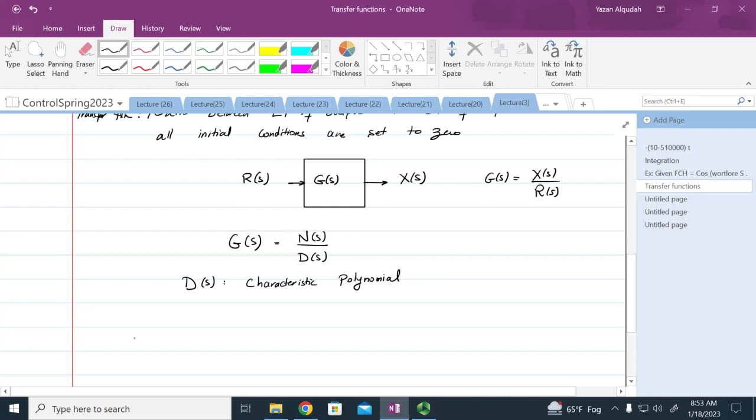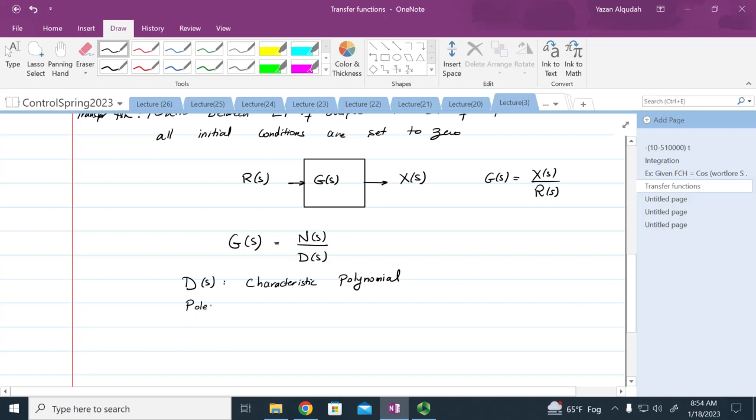The denominator of the transfer function is the characteristic polynomial. Does anybody want to guess why we call it the characteristic polynomial? It characterizes the system, yes, because it's going to give you information about the character of that system. Therefore, characteristic polynomial.